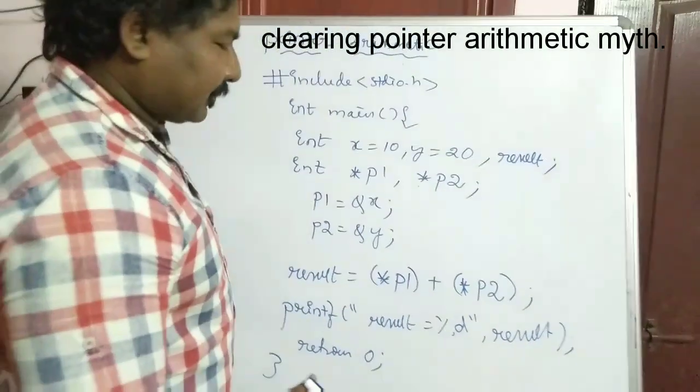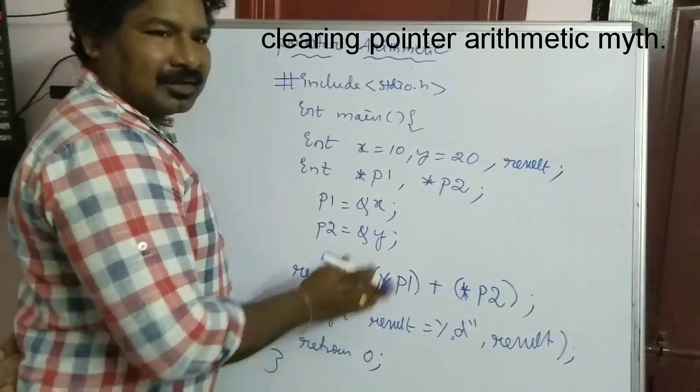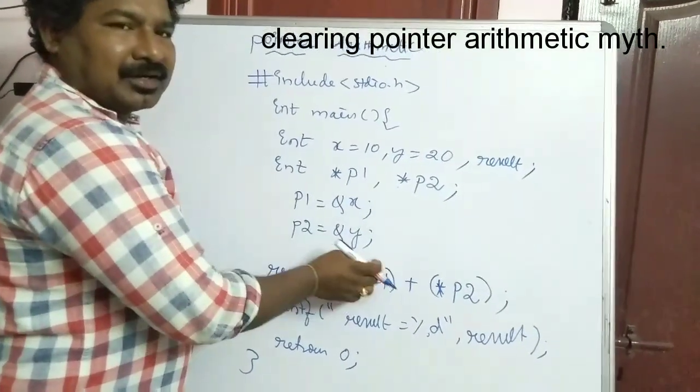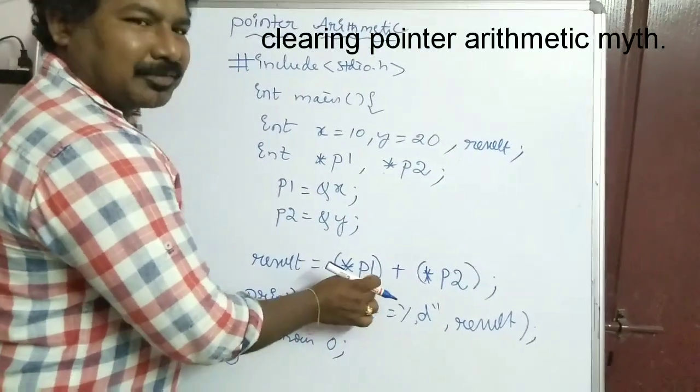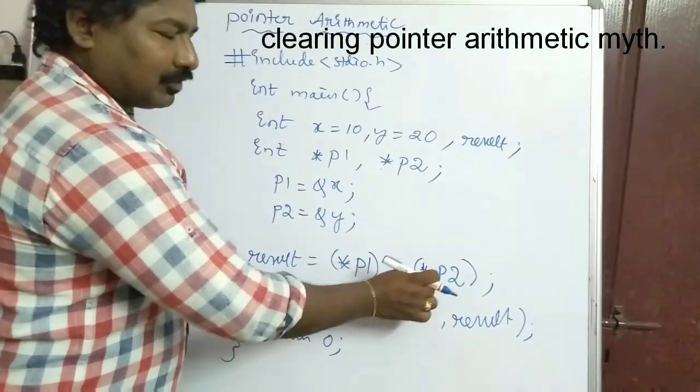Let's see this program. In this program, we got the address of x into p1 and the address of y into p2, and I have written the notations *p1, the value at the address in p1, and *p2, the value at the address in p2.